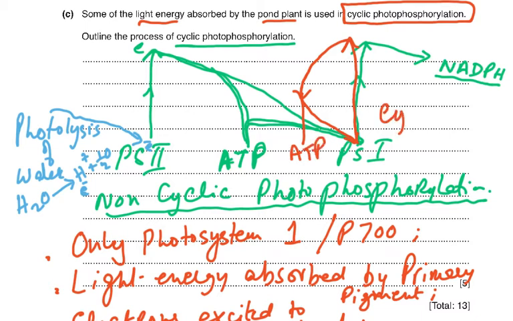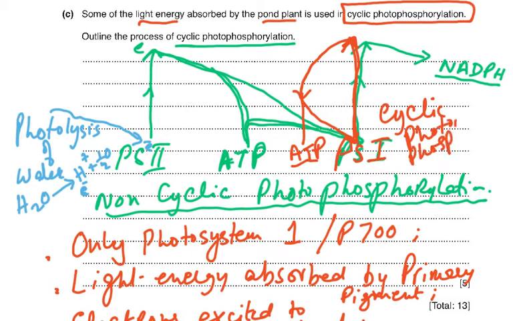So this is cyclic photophosphorylation. Now they've asked you cyclic photophosphorylation, so I've just revised that with you. Electron excited to a higher energy level and then from PS1 it returns to PS1, but ATP is made, and this is called cyclic photophosphorylation.